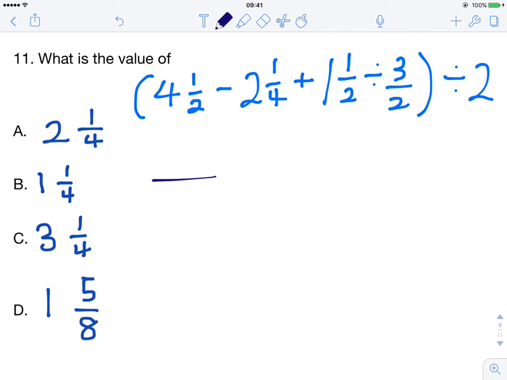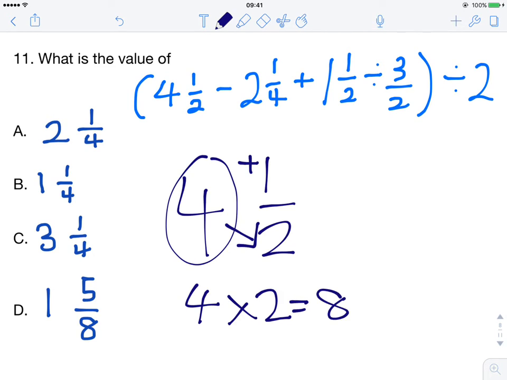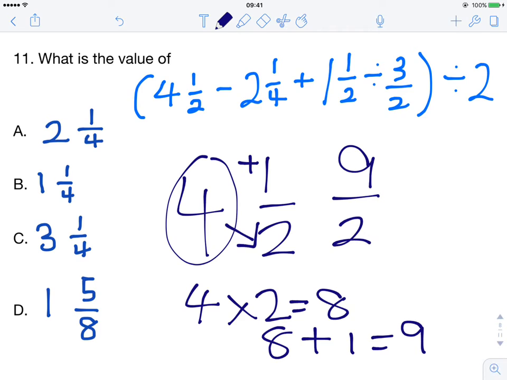So if you recall how we do that, with the example of 4.5, we multiply this number here by the denominator, and then we add the result to the numerator. So for 4.5, we would get 4 times 2 is 8, 8 add 1 is 9. So we would get 9/2.